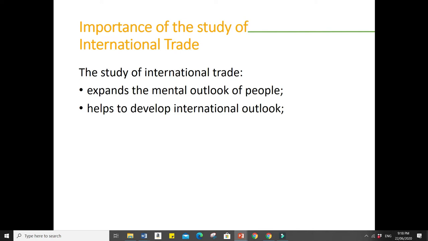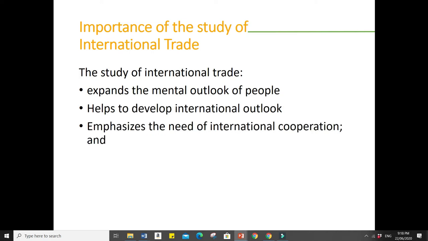So the study shows us that nations cannot adopt conflicting economic policies, and the uselessness of the beggar-my-neighbor policy. Okay. So another importance of international trade is that it emphasizes the need for international cooperation.